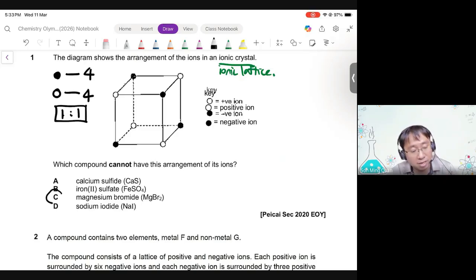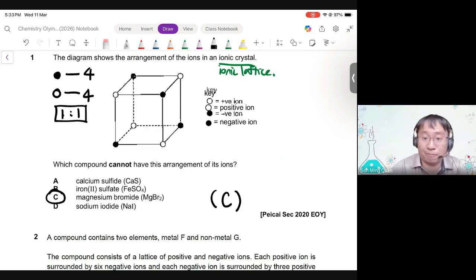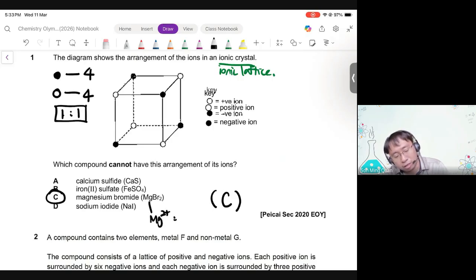Clearly, the one that's not 1:1 between the positive and negative ion is C. I'm sure you will agree. So C cannot have this arrangement because C is MgBr2. MgBr2 means Mg2+ to Br- is 1:2. A 1:2 ratio will not fit this arrangement.